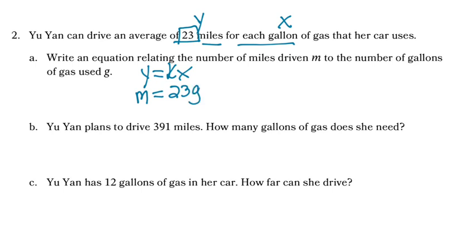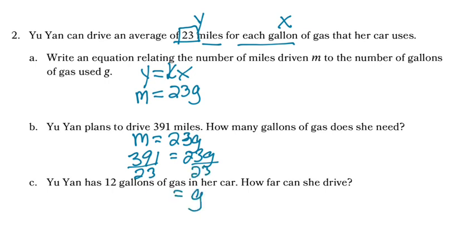So if he plans to drive 391 miles, we're going to replace the miles with 391. Divide both sides by 23. And doing 391 divided by 23 lets us know that he would use 17 gallons of gas.